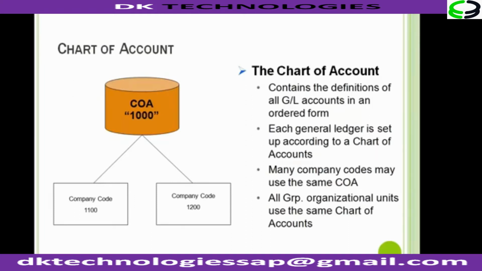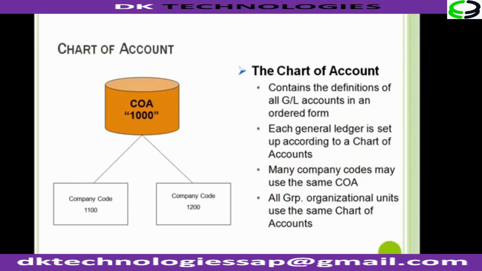Chart of account contains the definitions of all GL accounts in an ordered form. Each general ledger is set up according to a chart of account. Many company codes may have the same chart of account if they wish to.